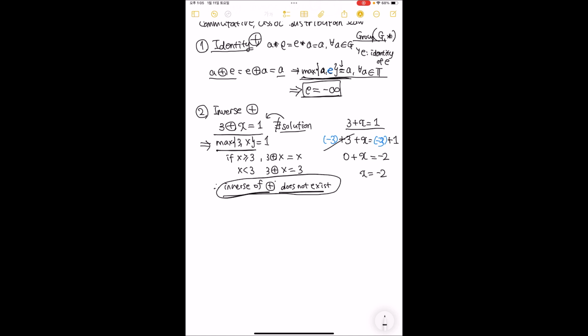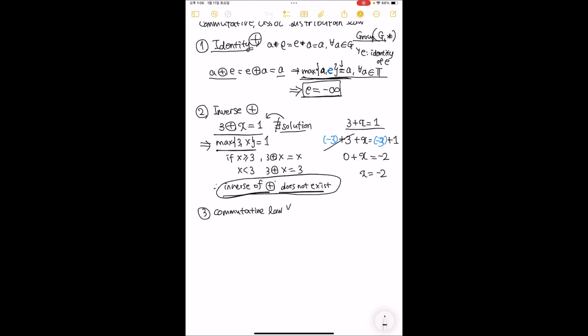As I said, in the tropical number system the commutative law obviously holds: the maximum between A and B and the maximum between B and A is the same.